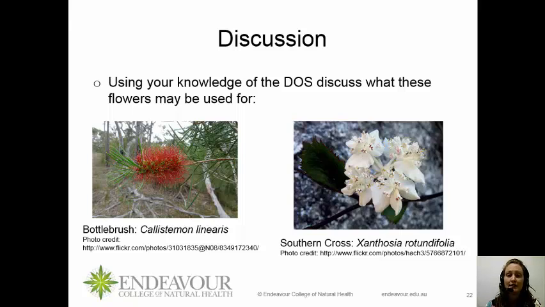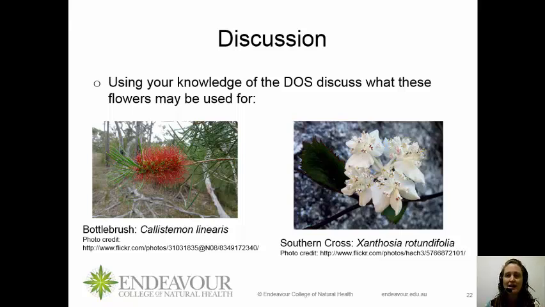What really stands out? Is it the colour red, and what does red mean? Is it the shape? Is it the multiple petals that you see there? Is it that it looks like a bottle brush that you clean a bottle out with? And how might that relate to health?